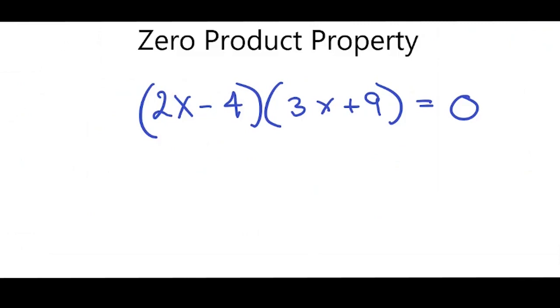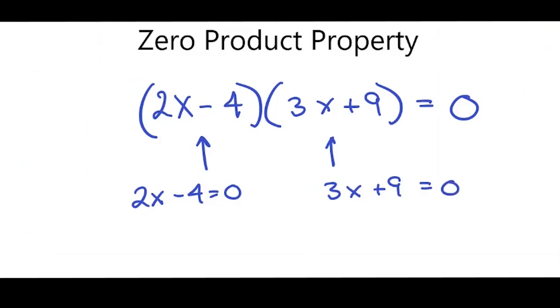So let's use the zero product property to solve this equation, okay? So remember, each of my factors, so here's one of them, and here's the other, needs to be set equal to 0. So that's 2x minus 4 equals 0, and the other one will be 3x plus 9 equals 0. So what I'll do is on the first one, I will add 4 to both sides of the equation. Those 4's cancel, and I'm left with 2x equals 4.